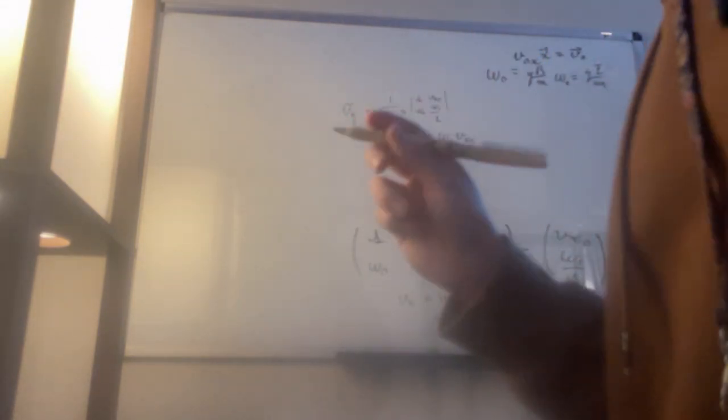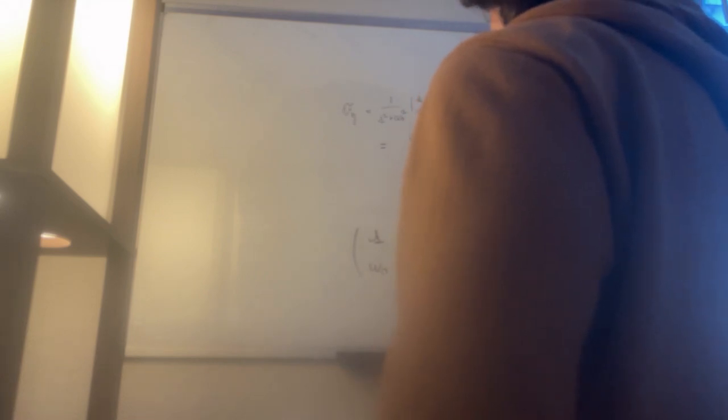As you can obviously see, you can predict what I'm going to do next. I'm going to split this fraction up in order to get omega 1 over s squared plus omega naught squared. I'm going to put in omega naught here and then divide both sides. Then minus Vx naught times omega naught over s squared plus omega naught squared.